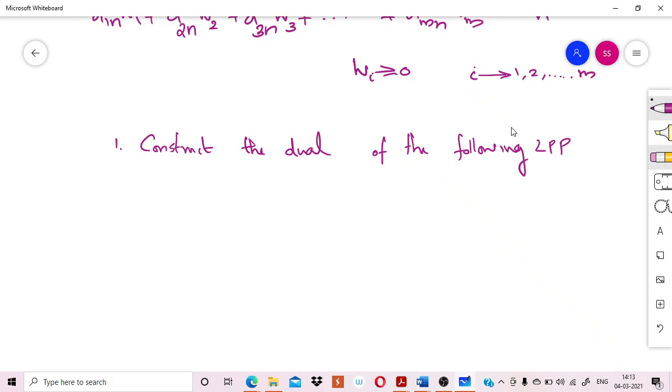So it is given as the primal problem: max z is equal to 3x1 plus 5x2.